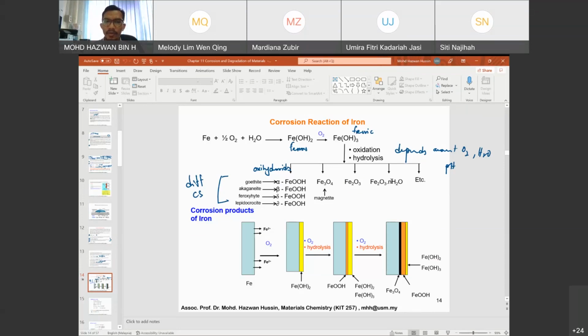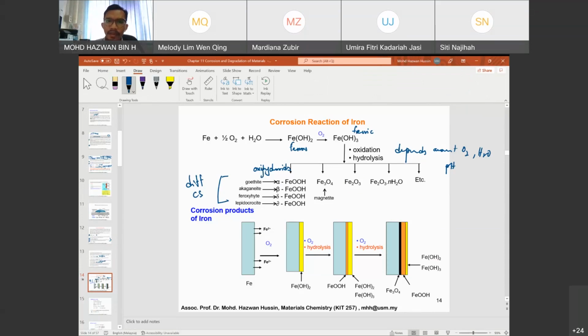For oxyhydroxides, excuse me for the spelling mistake, it should be oxy. You have alpha, beta, delta, and gamma. All these are the same polymorph, but with a different crystal structure.